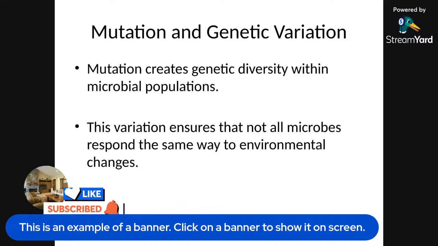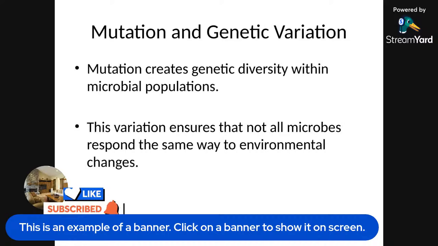So that's why we said mutation is the first stage before there can be anything like genetic diversity or evolution. The first thing is that there must be mutation. And variation ensures that not all microorganisms respond the same way to environmental changes. So because of mutation, even if you use antibiotics, the way each individual cell responds to it is going to vary.